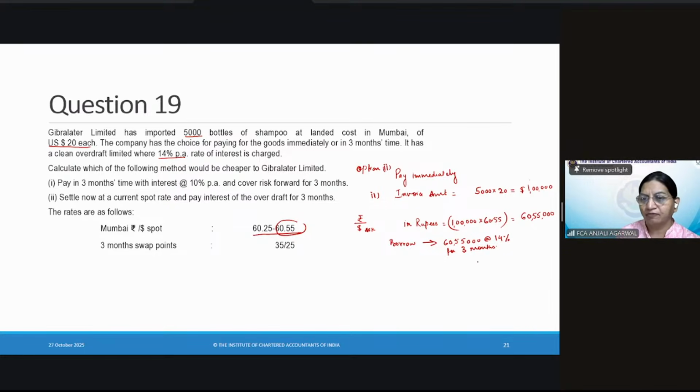So the final payment, or outflow after 3 months, is 60,55,000 multiplied by 1.035. So it will be 3.5% interest for 1 quarter or 3 months. 60,55,000 into 1.035 is 62,66,925 rupees.